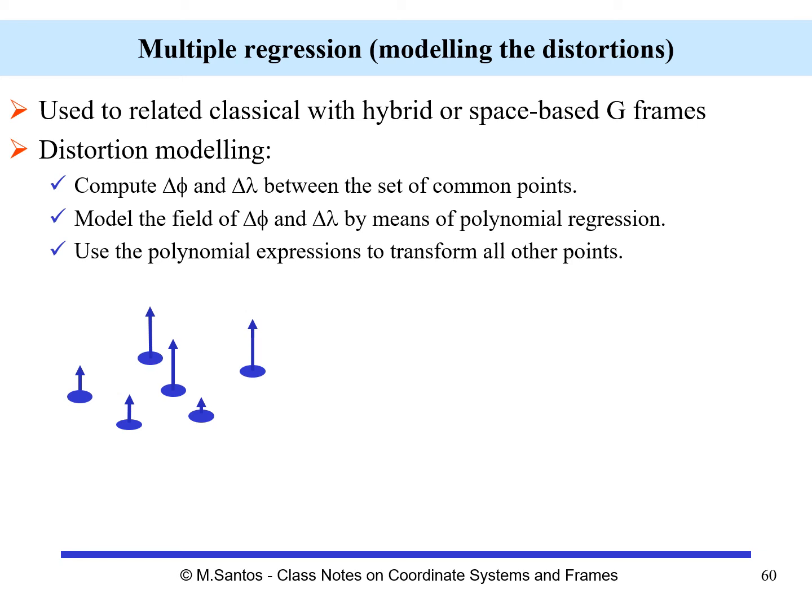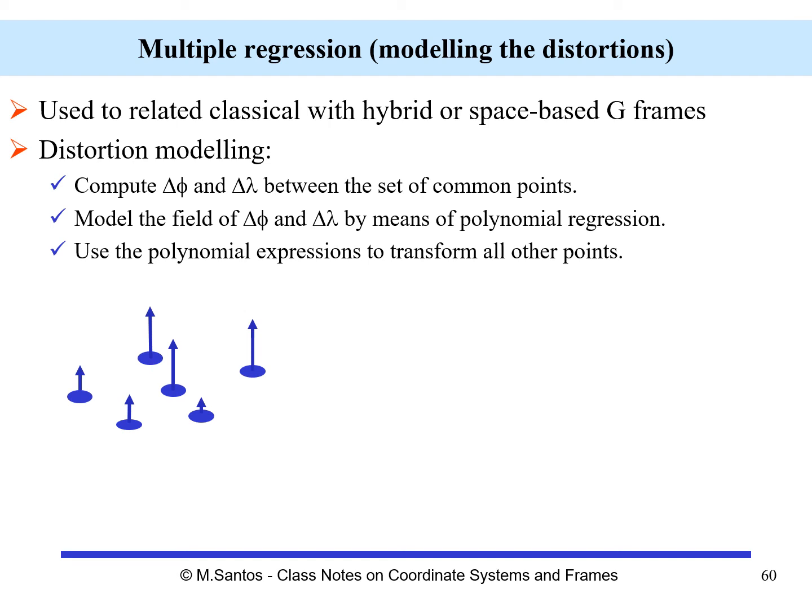And we can see that, for each point, depending on the region, depending on how the classical network was developed, depending on how the error propagated through the classical network, the magnitude of the difference in latitude and longitude is going to vary. It's not going to be something uniform.